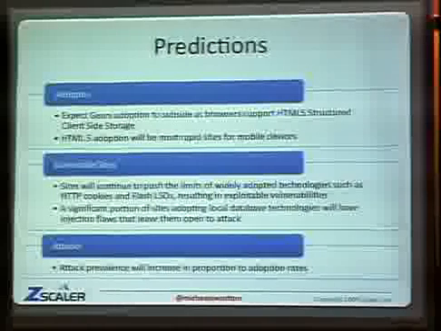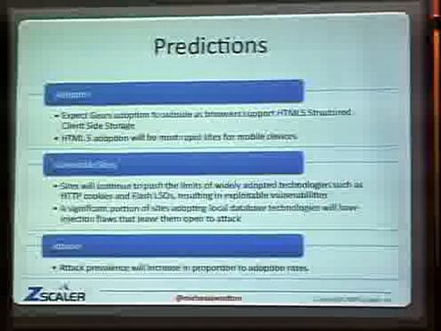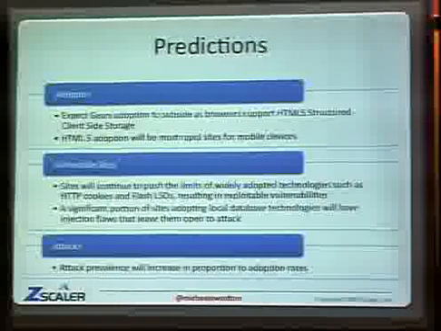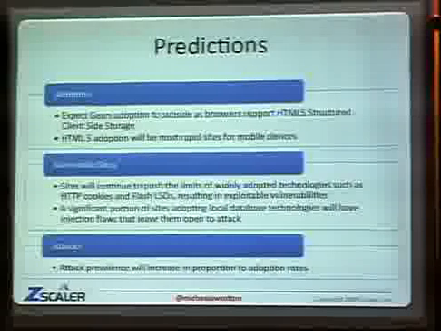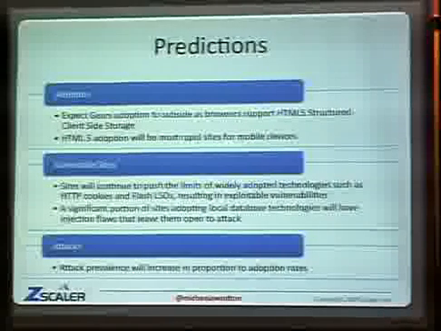So just some of my predictions going forward. I think that Gears adoption will die off as HTML5 gets more widely adopted. HTML5 adoption is going to be bigger on sites that are geared toward the mobile market because of some of the limitations of technologies that aren't available on mobile devices, like Flash and Gears.